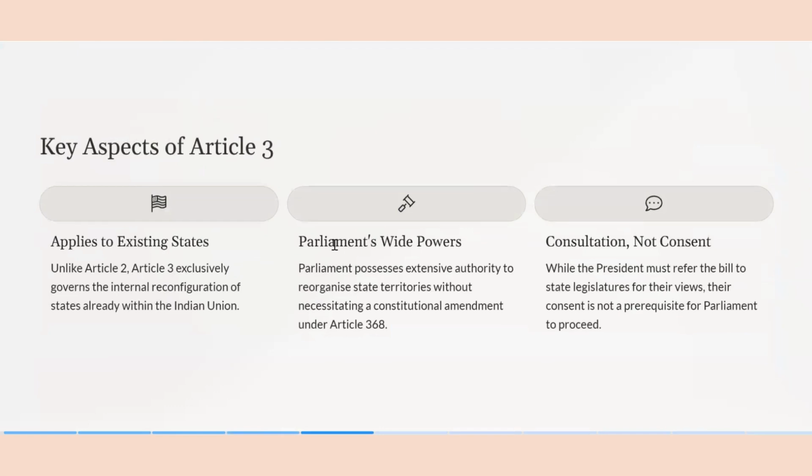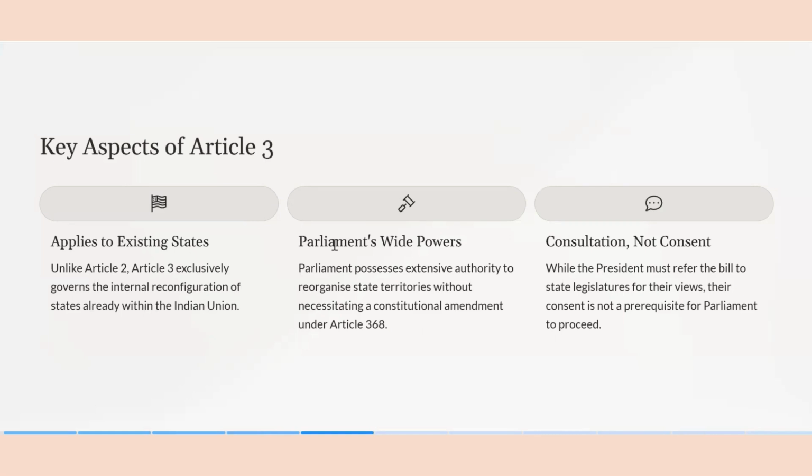Key aspects of Article 3: it applies to existing states. Unlike Article 2, Article 3 exclusively governs the internal reconfiguration of a state already within the Indian Union.